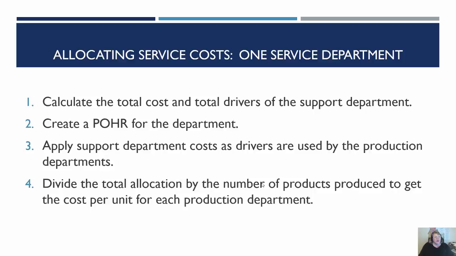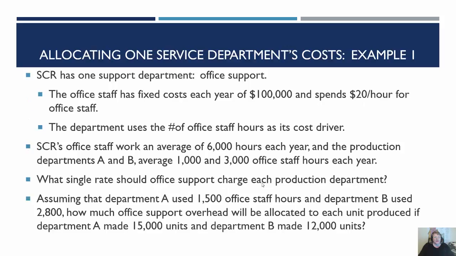And then we need to apply the support department costs as drivers as they are used by the production departments. Again, we're going to create the POHR and we're going to apply that to the department. And then we want to divide the total allocation by the number of products produced to get the total cost per unit for each production department.